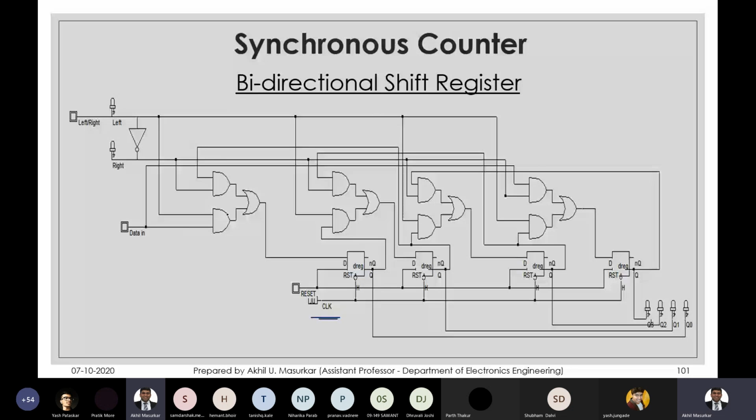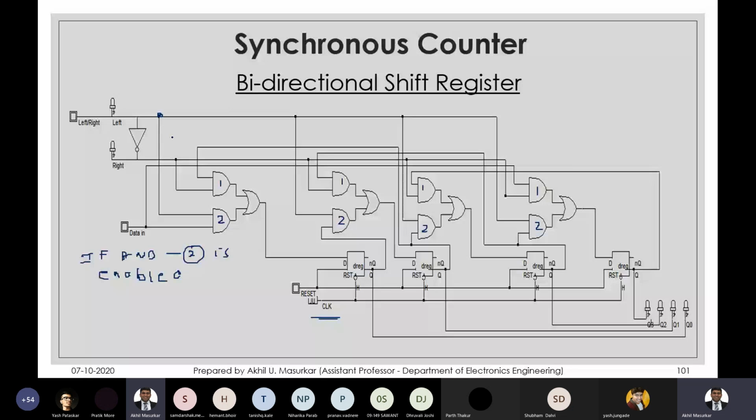See again my flip-flops and AND gates 1 and 2. If AND gate number 2 is enabled, enabling is done with the help of this.